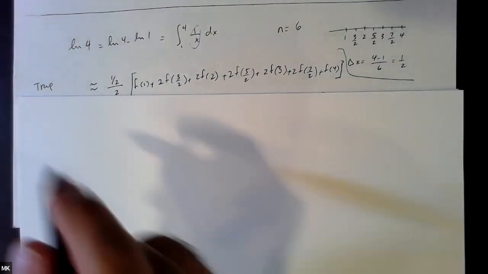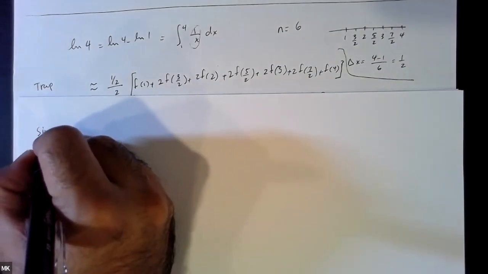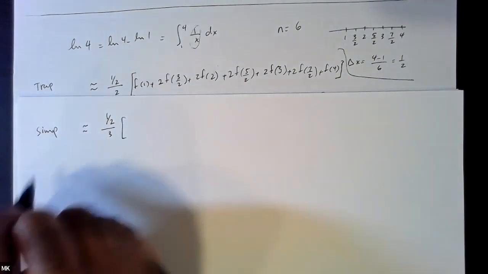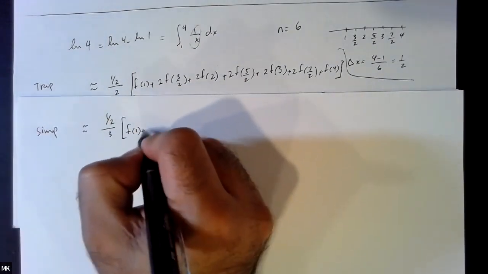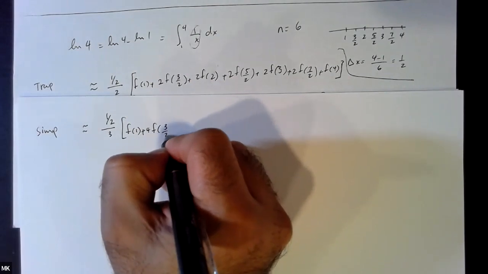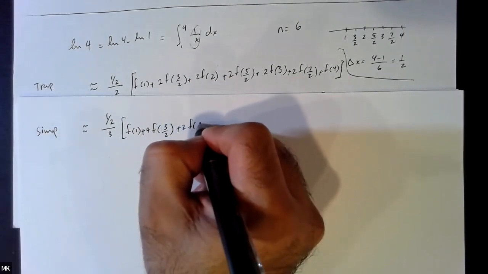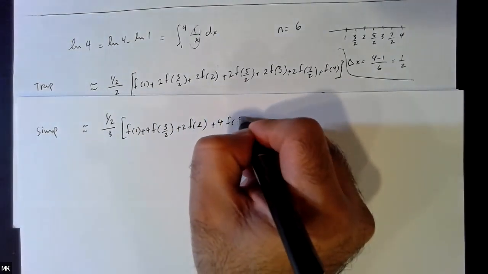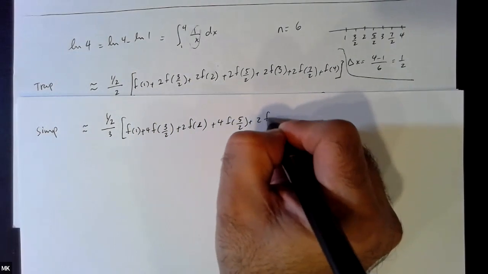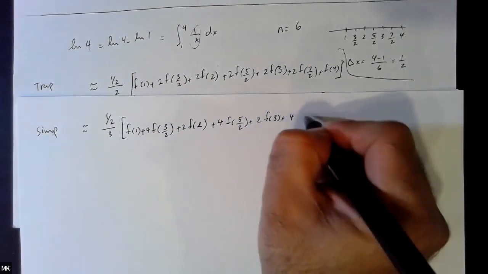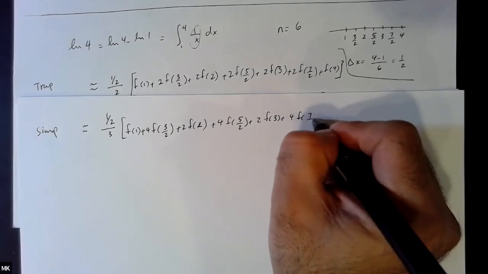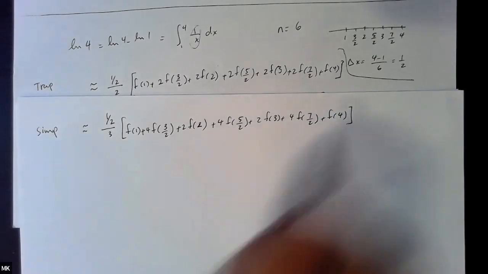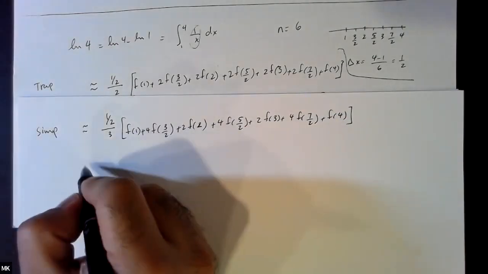And all of that multiplied by delta x over 3. F again is 1 over the number, whatever it is.